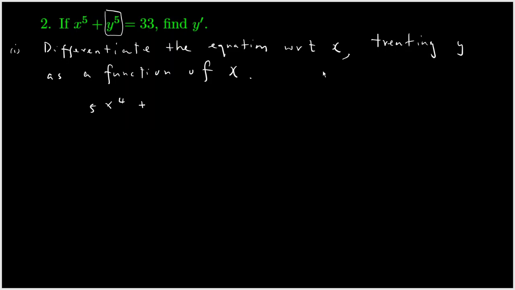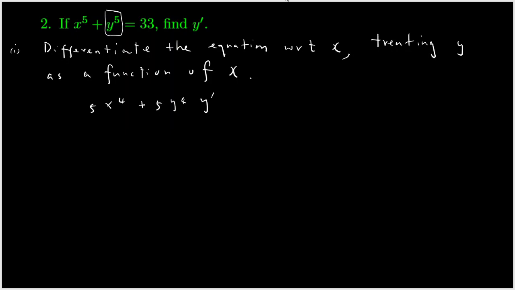Whenever you have a function of x, you have to keep on going. So you have 5 times y to the power 4 and then times y prime. That's why I said whenever you feel confused, replace y with f of x. I want to repeat, whenever you feel confused, replace y with f so that you know what's going on.